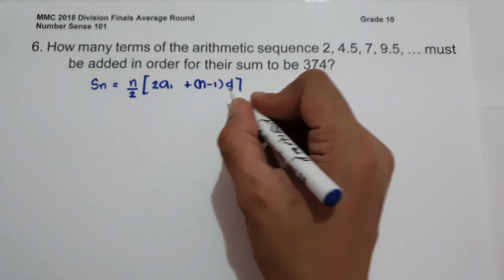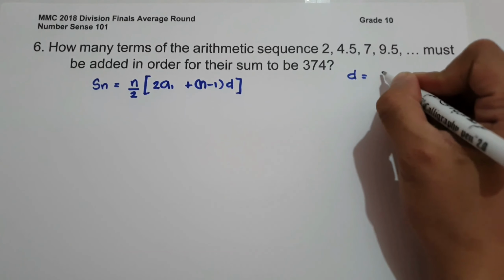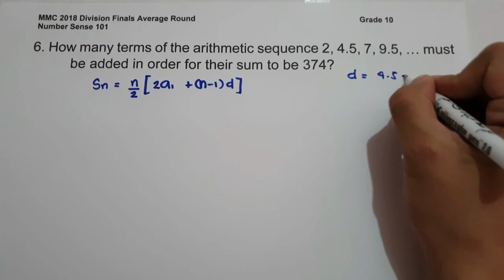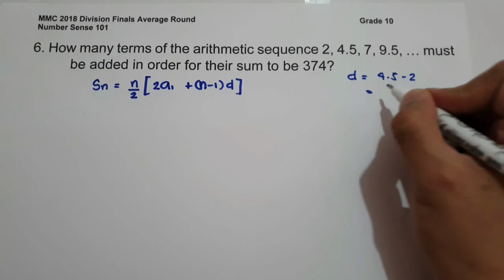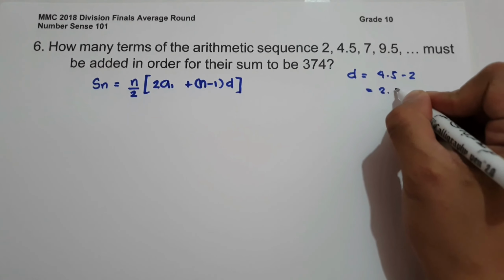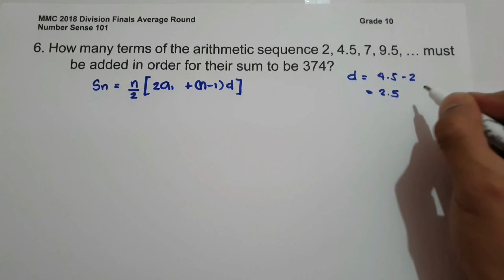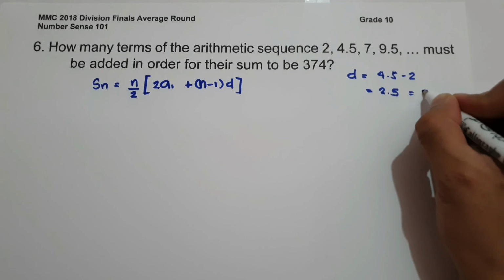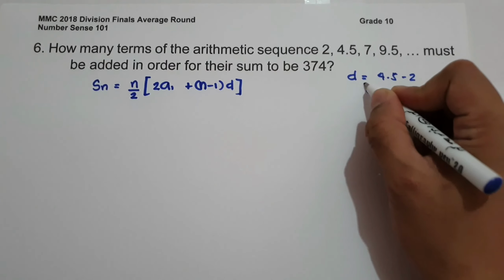The common difference is 4.5 minus 2, that is 2.5, or we can write it as 5 over 2.